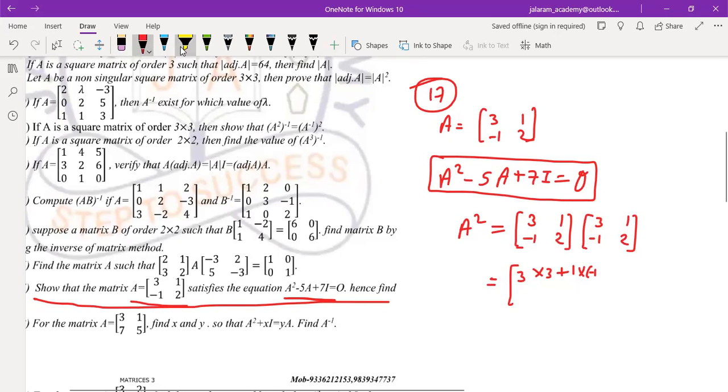Then first row into second column means corresponding elements: first element with first element, 3 into 1, second element with second element, and they are added. Again, second row, first column: minus 1 into 3 plus 2 into minus 1.